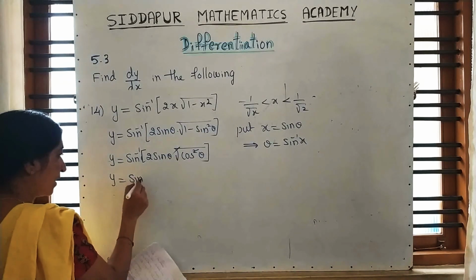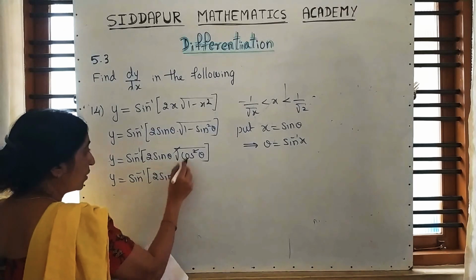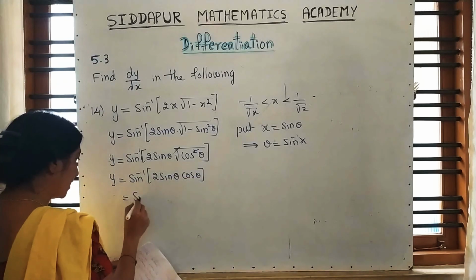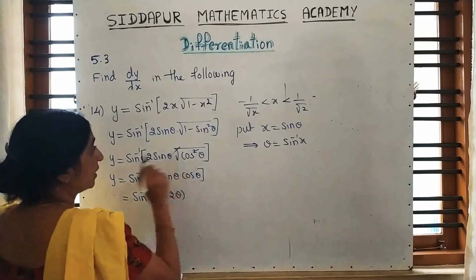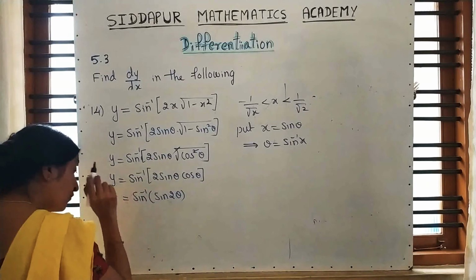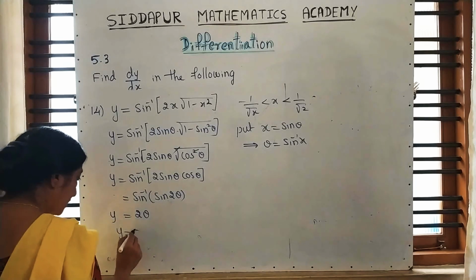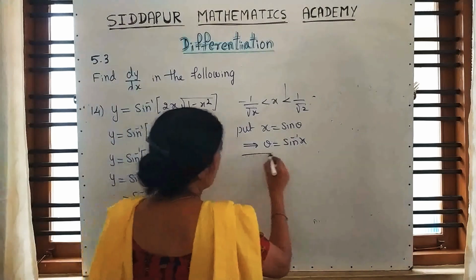Yes, it is sin inverse of 2 sin theta. Square root and square cancel, cos theta. What is it? 2 sin theta into cos theta, sin 2 theta. And what is sin inverse of sin 2 theta? Yes, 2 theta. Write down that theta value. Theta is sin inverse x.